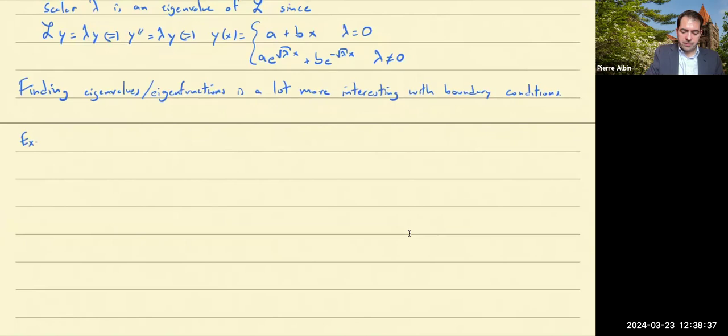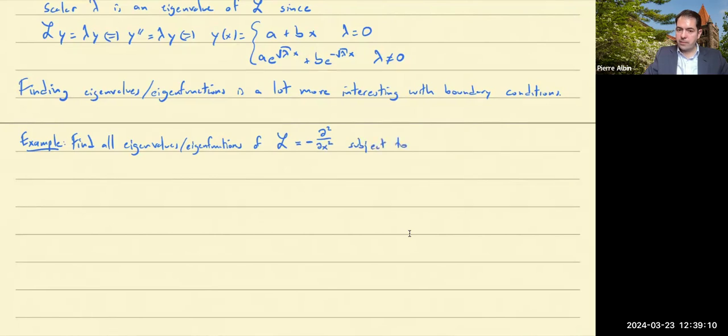So for example, suppose we want to find all eigenvalues and eigenfunctions of L given by taking minus two derivatives, subject to the boundary conditions y of 0 equal to 0, y of L equal to 0. And here L is just some positive constant.